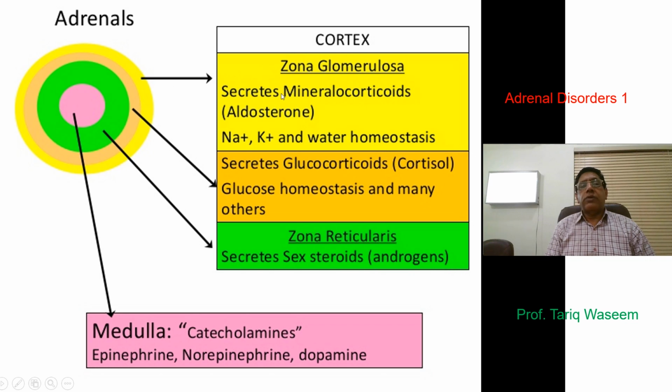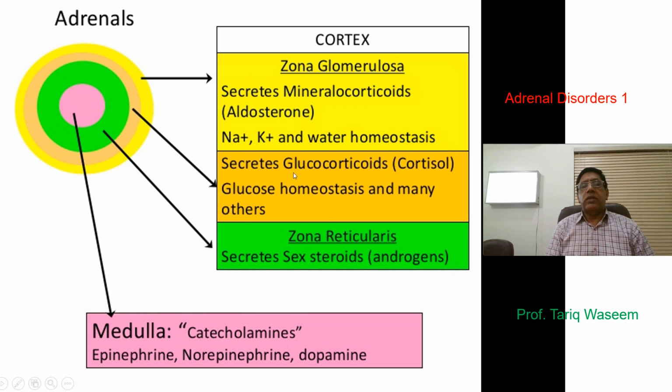The outermost portion, which is shown in yellow, is the zona glomerulosa, and it secretes mineralocorticoids, which are associated with the regulation of water homeostasis through regulation of electrolytes, primarily sodium and potassium. The middle part, the fasciculata, secretes glucocorticoids.